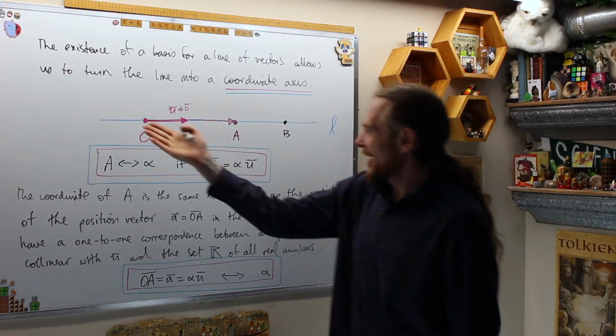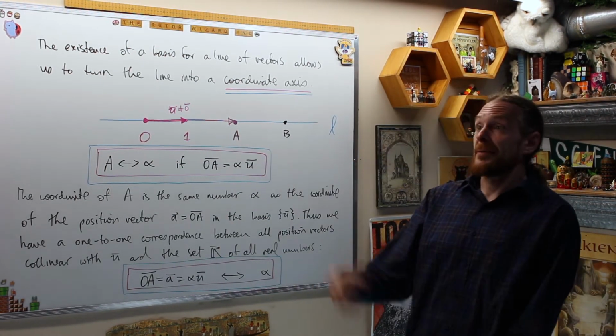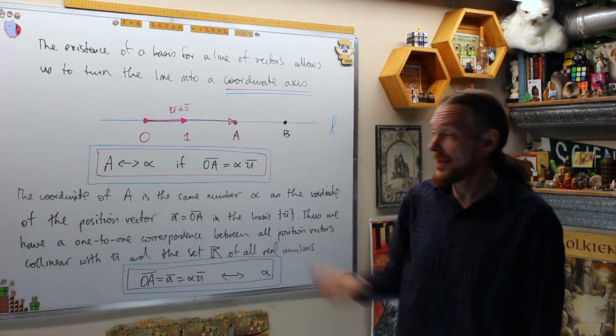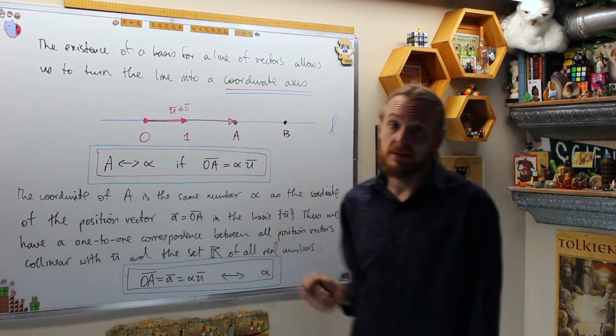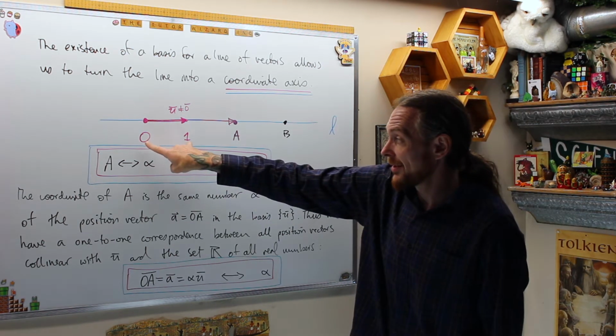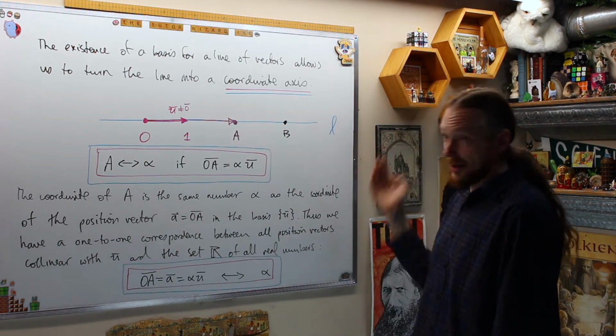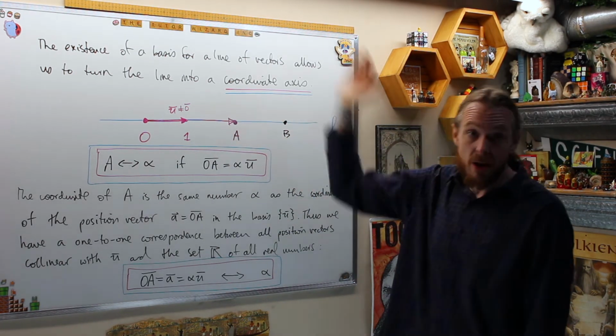Okay, to recap this, we have our line L, we have our origin, which is an arbitrary point on there, we have some vector which is non-zero in the direction of that line L, we move it over here so that we have our basis vector u arbitrarily. It creates a unit length, whatever the length of that vector is, we're just going to call 1 on the line now. Then we pick another point A on that line.